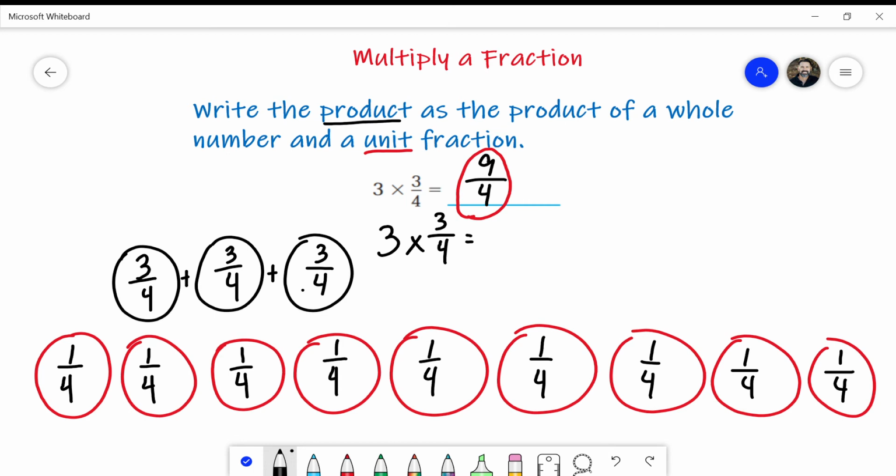So really, the way they want us to write it down is like this: 3 times 3/4 equals 9 times, because I have 9 groups. You see the red groups there? 9 groups with 1/4 in it. What they want you to see is that if you're multiplying 3 times 3/4, that equals 9/4, right? Or if you multiply 9 times 1/4, that also equals 9/4. They equal the same amount.